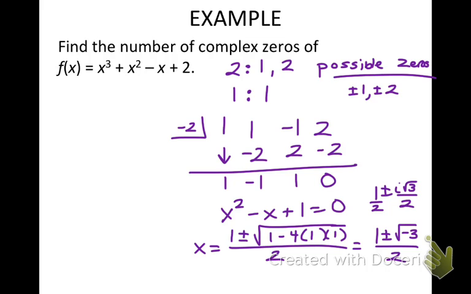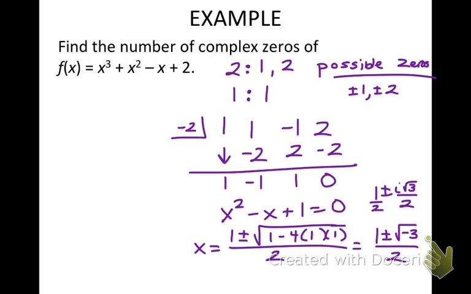We had 1 in our half box. How many are here? 2 because of the plus minus, right? Does that make 3? It just so happens 2 of them are complex solutions, meaning that they have imaginary parts, which makes sense that our graph only had 1 x-intercept because the other 2 are imaginary.